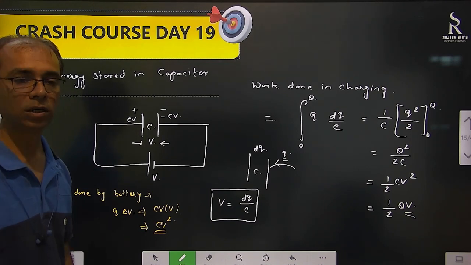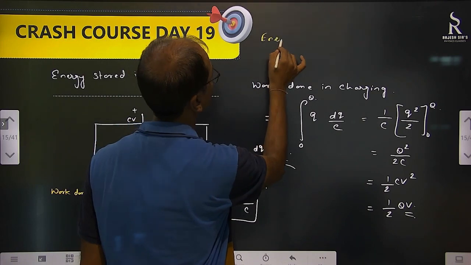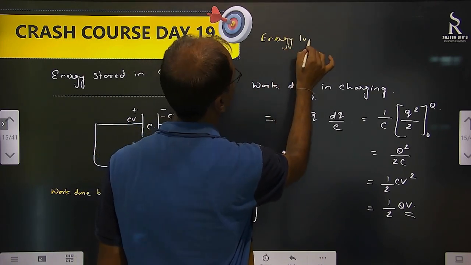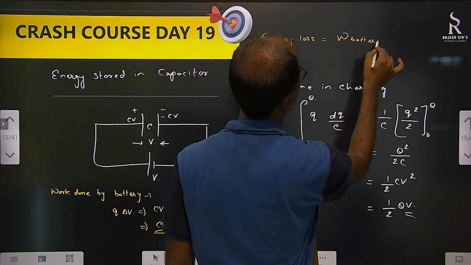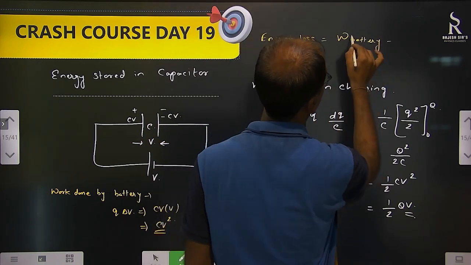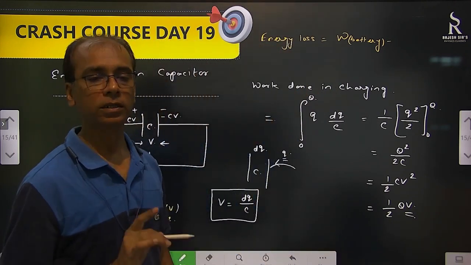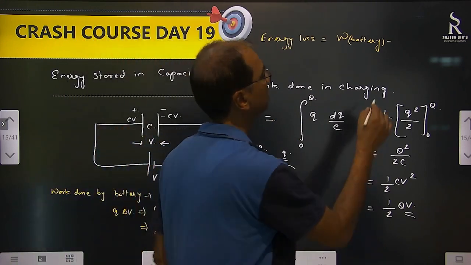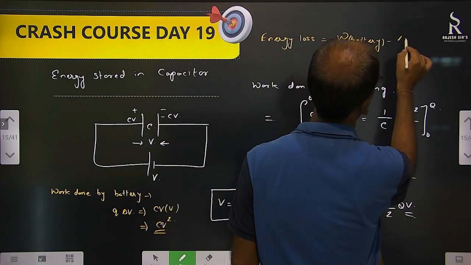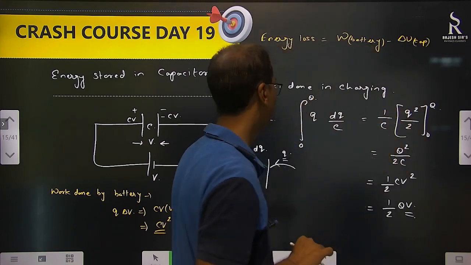And how much is the energy loss in the process? Energy loss is work done by the battery minus the energy stored in the capacitor, or change in energy stored in the capacitor, delta U in the capacitor, U final minus U initial. Here what was U initial? 0.